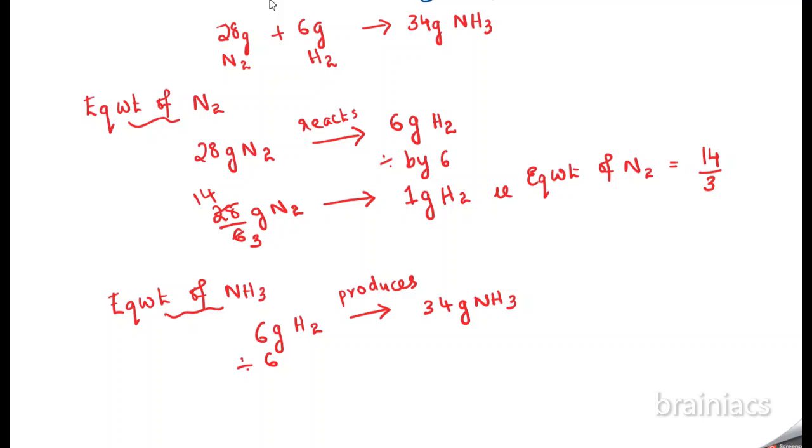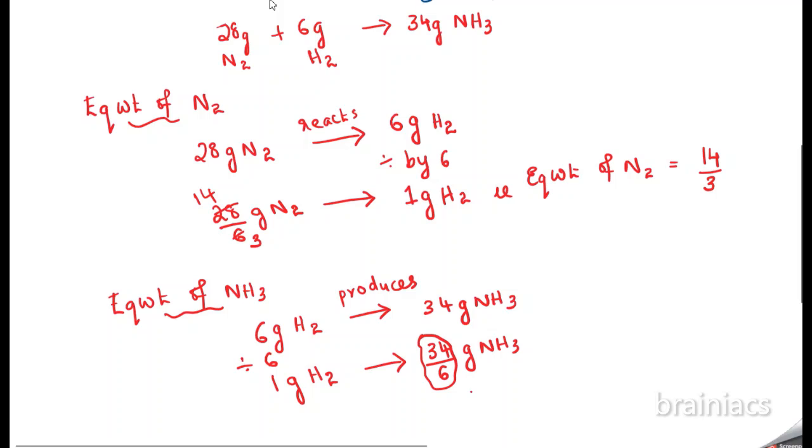So this will become 1 gram hydrogen, and 34 by 6 gram ammonia. Now this value will become my equivalent weight, because this mass is reacting with 1 gram of hydrogen. This will come to 17 by 3. So we can say the equivalent weight of ammonia NH3 is equal to 17 divided by 3.